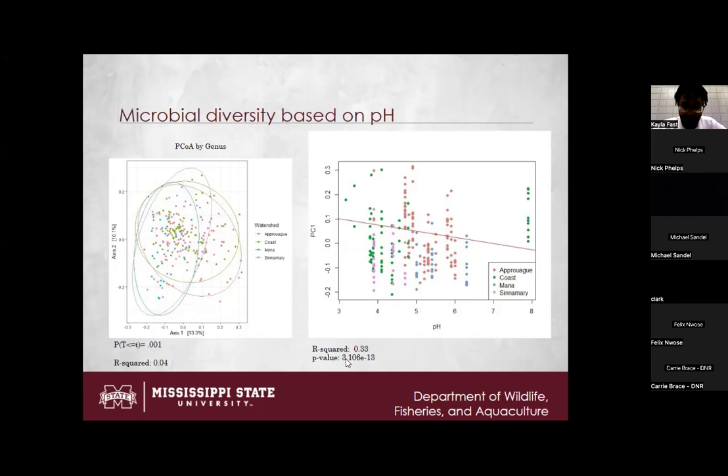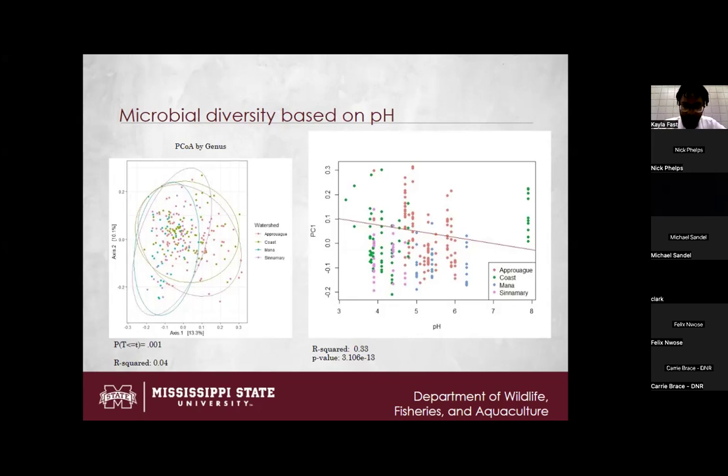We see that most of the community composition fell between about 6.5 and 4 on the pH scale, and that 33% of our variation could be explained by looking at pH. So a lot more variation is explained by looking at some of these water quality parameters.